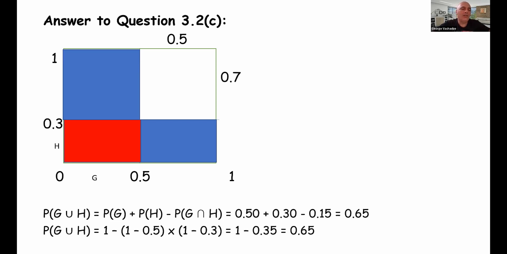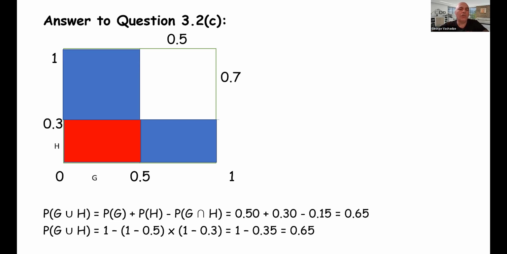Okay, so an alternative way to calculate the area of those three rectangles would be to subtract 0.35 from 1, where 0.35 represents the area of the upper rectangle. Why? Because the probability the student does not take math class is 50% and does not take science class, it's 0.70.